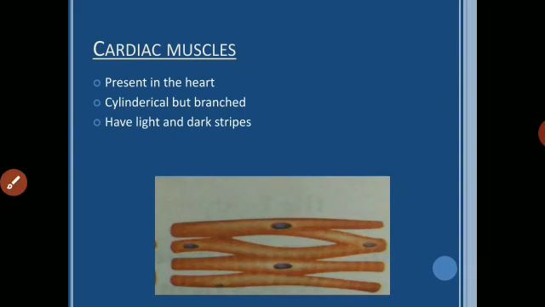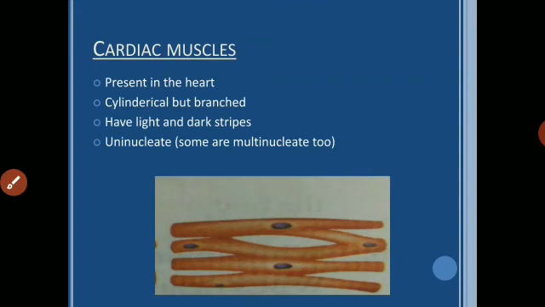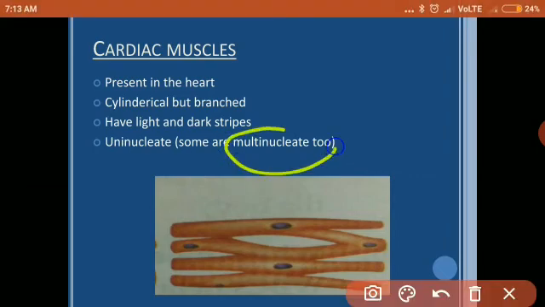Cardiac muscles have properties of both striated and unstriated muscles. In structure, they have light and dark stripes like the striated muscles, skeletal muscles. But in another property, they are uninucleate like smooth muscles, but some of them are multinucleate too. In your book, beta, it is written multinucleate only, but it is not the correct one.